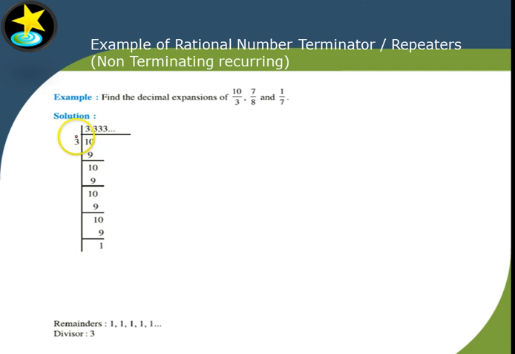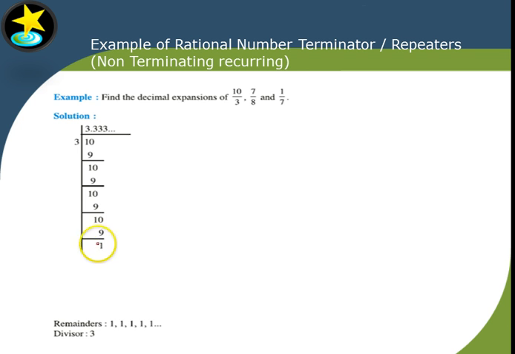A couple of things you would like to notice here: the remainders always remain 1, 1, 1, 1, 1, and so on, and your divisor is always 3. When we multiply 3 by 3, we get 9, and we get remainder 1. We put a decimal and get 0 here. We again multiply 3 by 3, get 9, and get remainder 1.